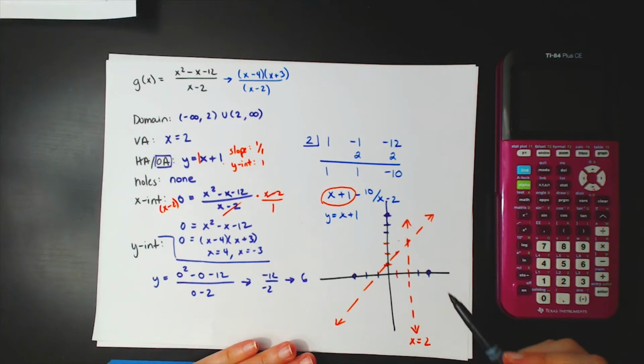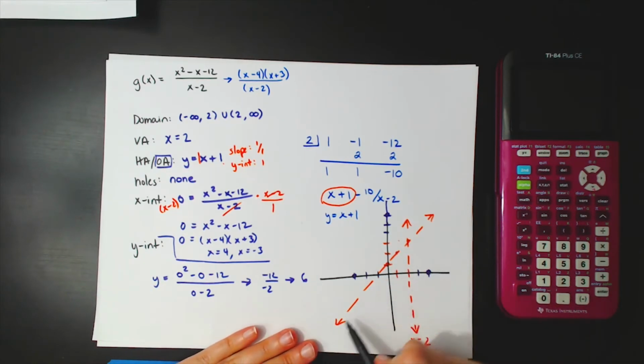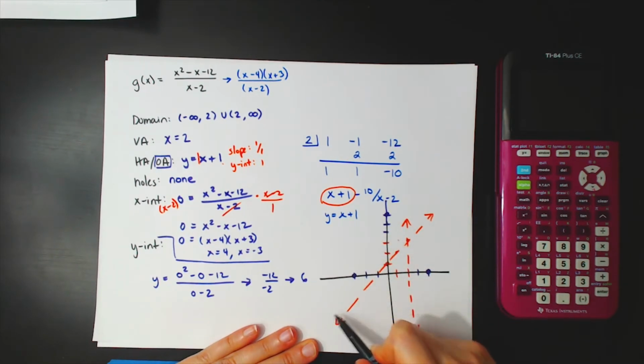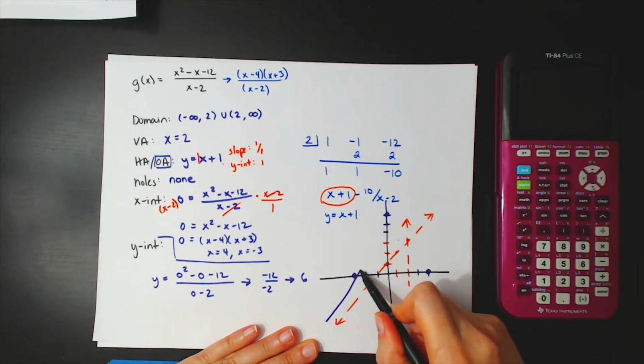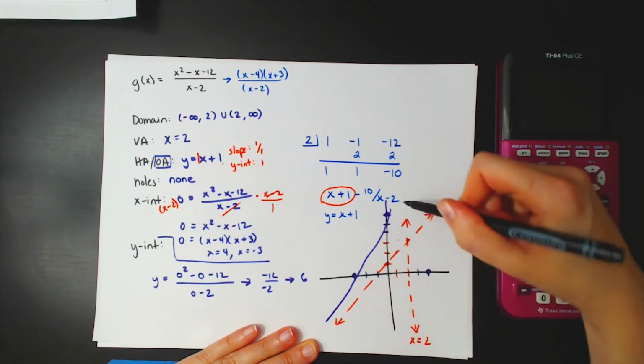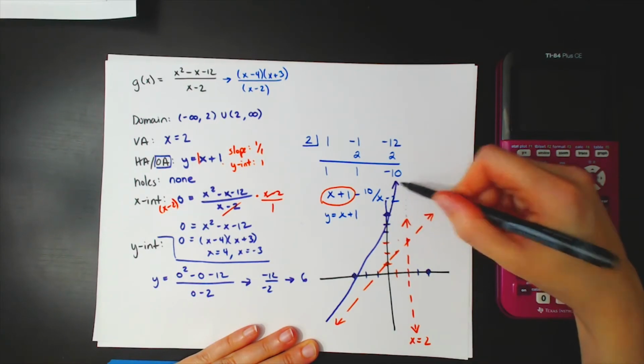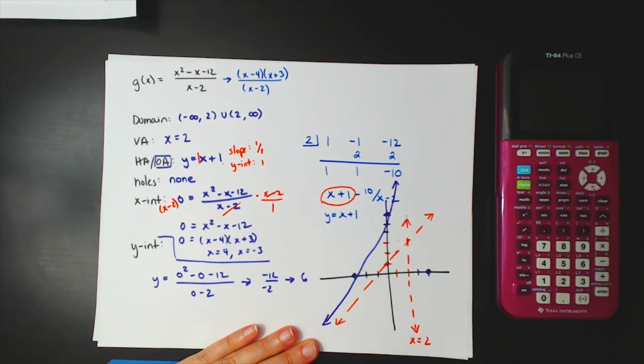And what's going to happen here is when I sketch in this picture, this bottom piece, I can kind of already tell with where these intercepts are going to be. This bottom piece is going to follow this slant asymptote, hit my intercepts, and then remember, we've got this vertical asymptote here, so it's just going to kind of head up to the top there. So that's about what my left side of my graph looks like.